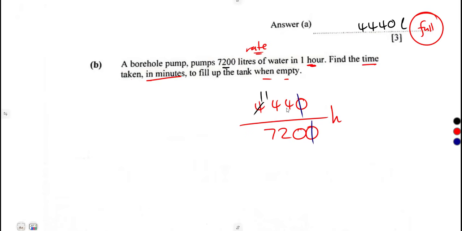That's 1, 4, 1, 4, 1. 4 here into 72. Let's just say 72 divided by 4. That's 18. Then 0 here, 180. So it's going to be 111 over 180.